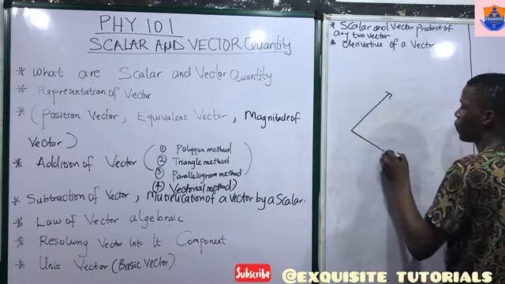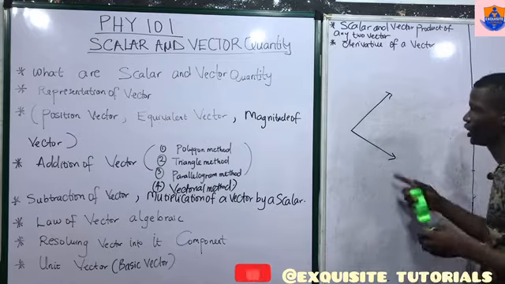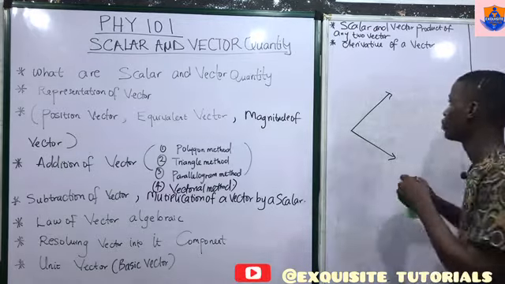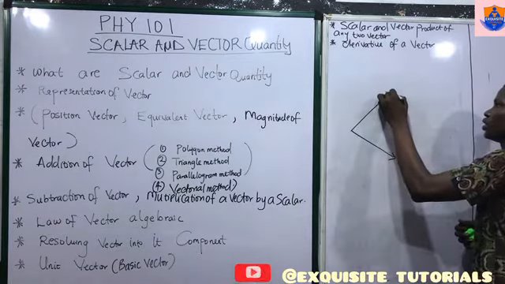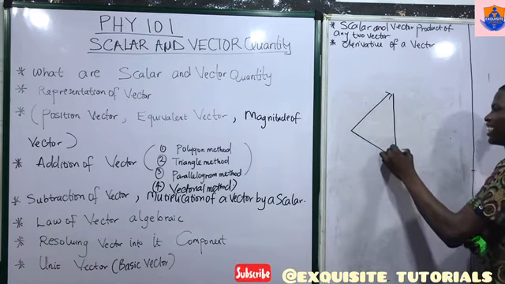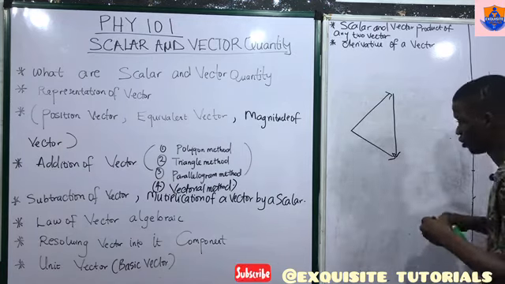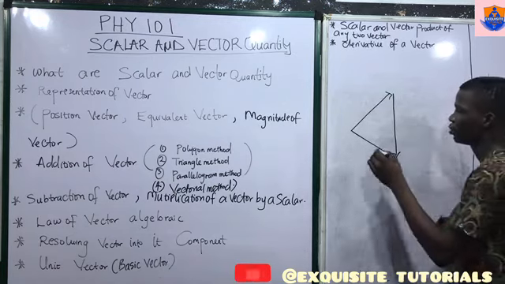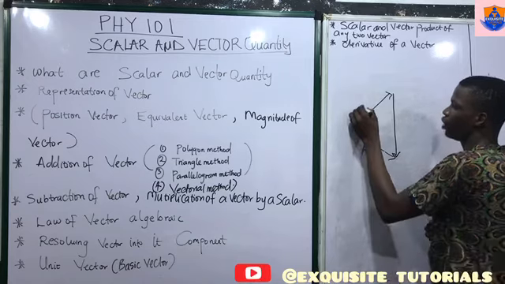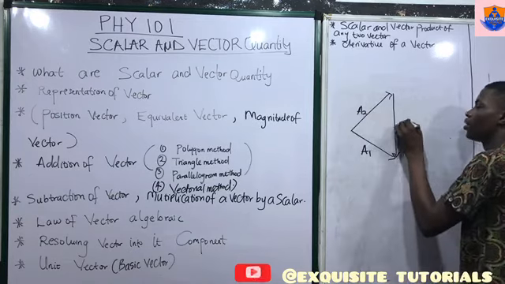First of all, these two vectors, their tails are touching each other. Then the tail of one is touching the head of another. So let's assume this is a1, a2, and this is our b.